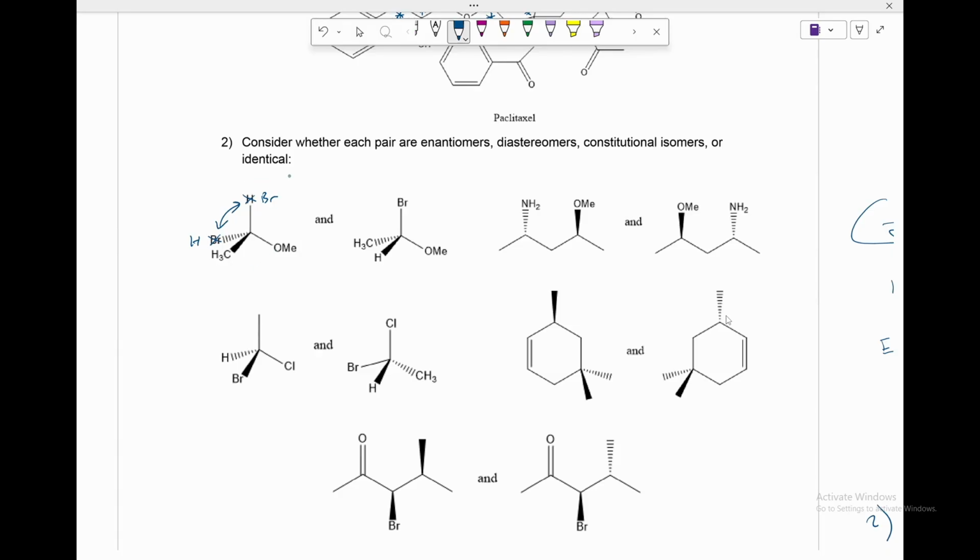This is going to be R, but it's not R because the hydrogen was in the plane, so it was actually S. Hydrogen's in front of me, so I can assign like so. Bromine, methoxy to methyl. This is R, but since the hydrogen is in front of me, it's actually S. They have the same configuration and they're made of the same molecules, so these two are identical.